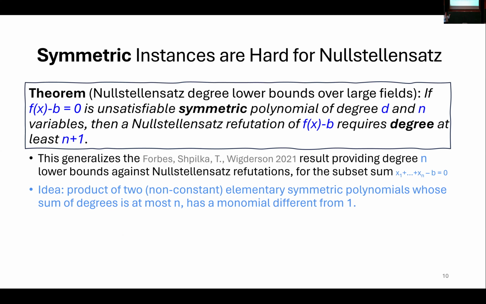If you multiply them, and the sum of degrees doesn't go beyond n, then you must have a non-zero monomial there that is different from 1. If the refutation equals 1, all the monomials must be 0 except the single monomial 1, which cannot happen. So that's kind of a nice computation.